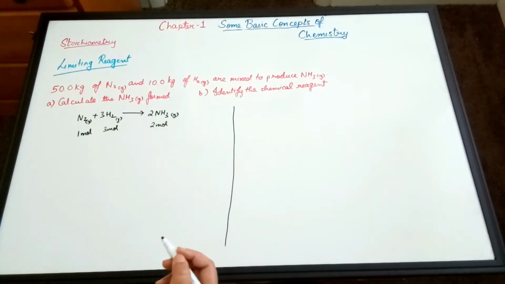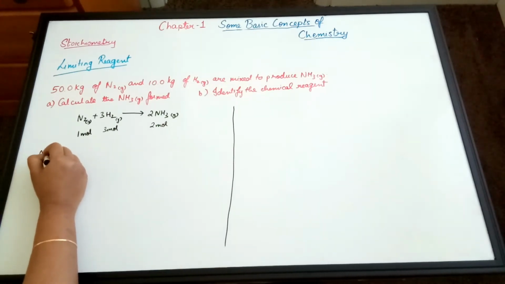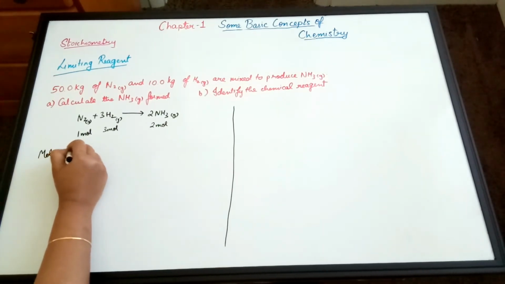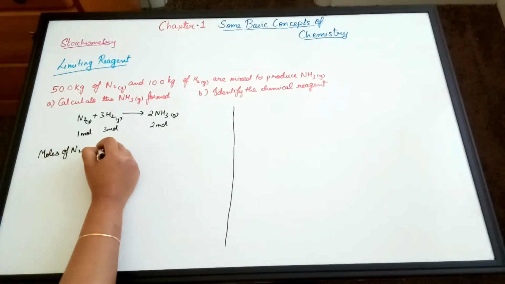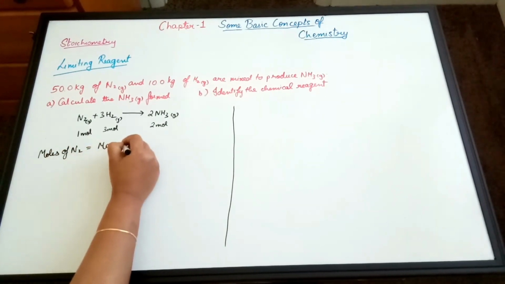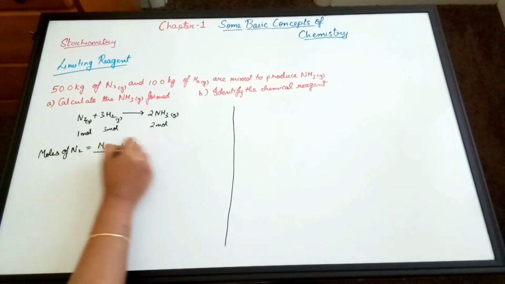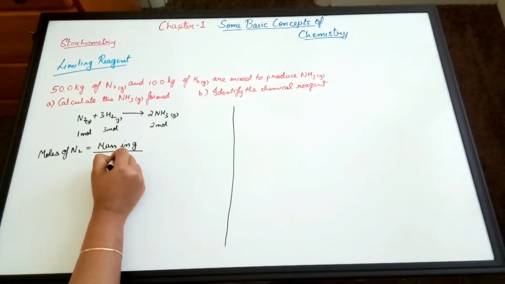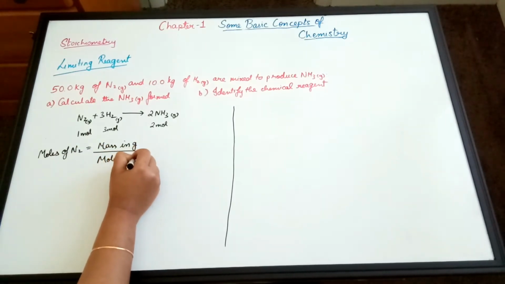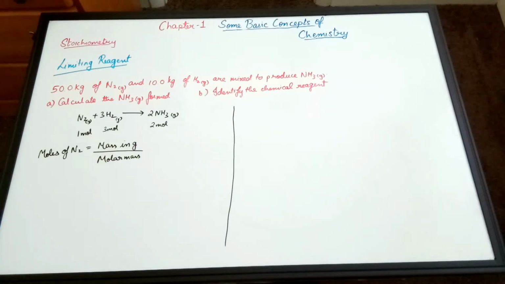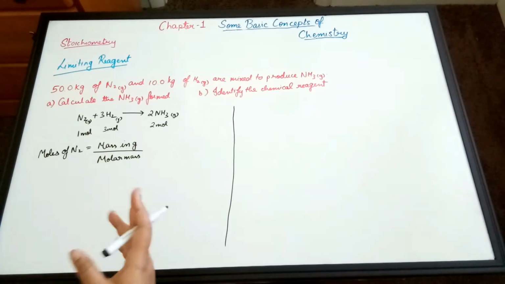So the number of moles of nitrogen would be equal to mass in grams divided by the molar mass. Okay, so molar mass is in grams per mole.